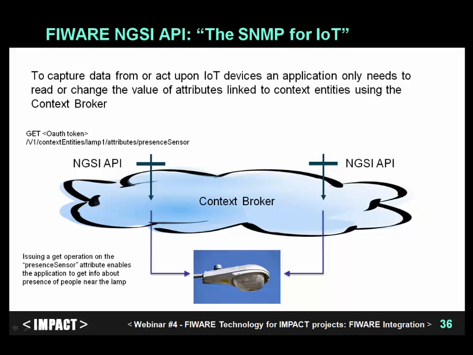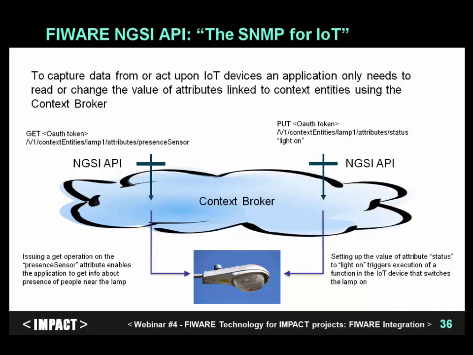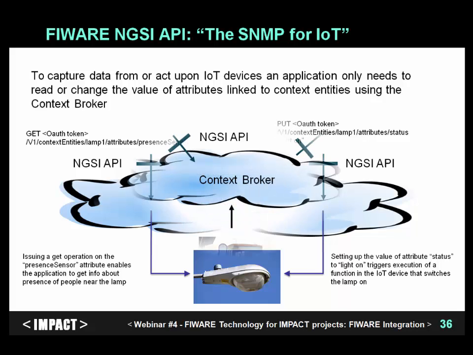So in that way, the operation of a lamp, like turning it on or off, can be done through the information that goes from the lamp to the context broker, and from there to the applications connected to it.